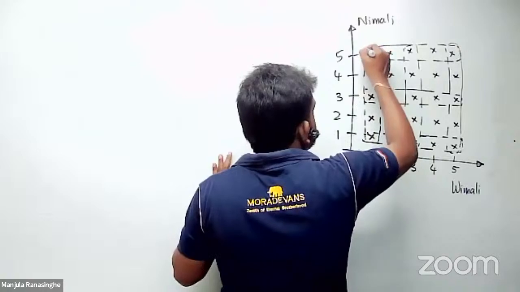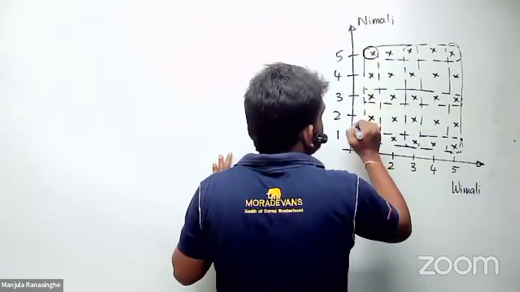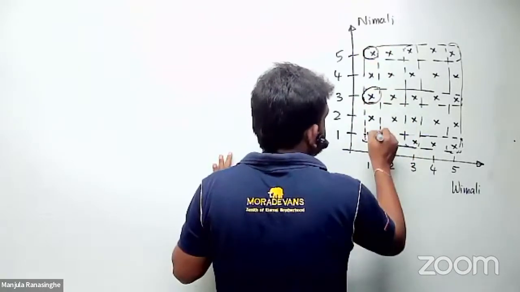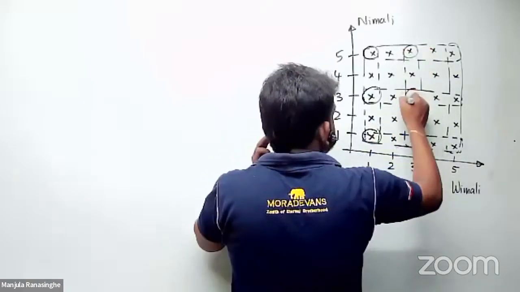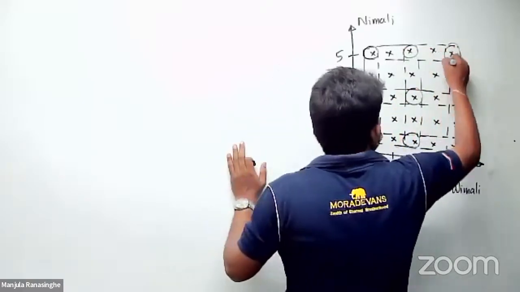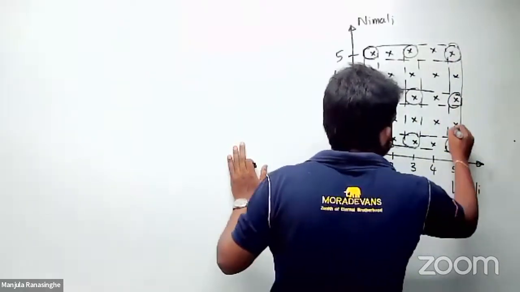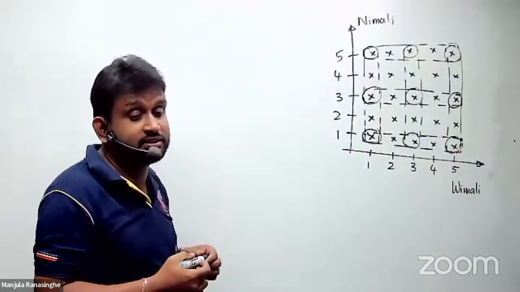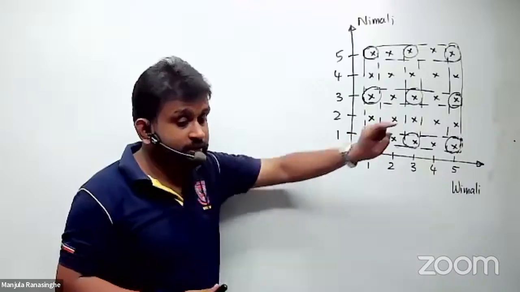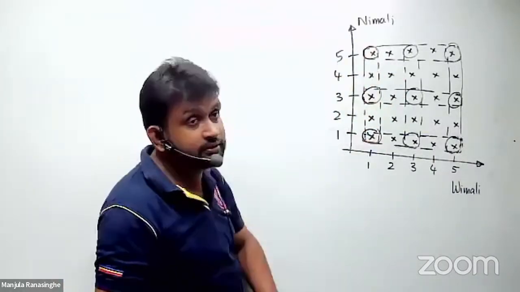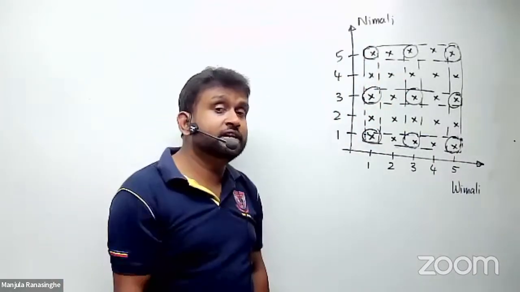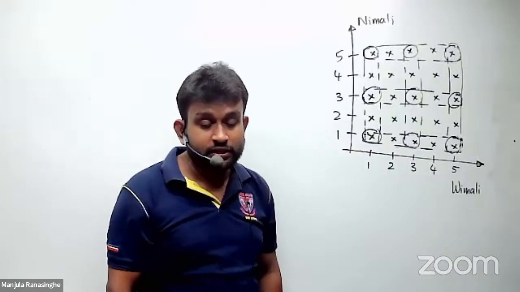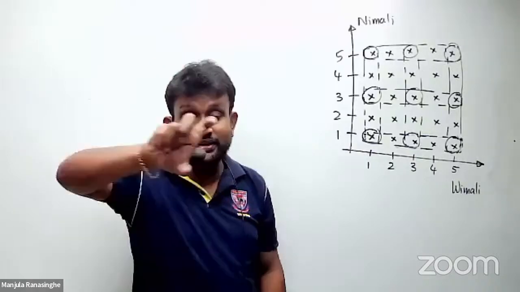If I mark element-wise, this is an intersection, this is an intersection, and this is an intersection. These are the intersection of the two events, both winning. The circled ones are the events where both win. Individual wins are shown by rectangles.